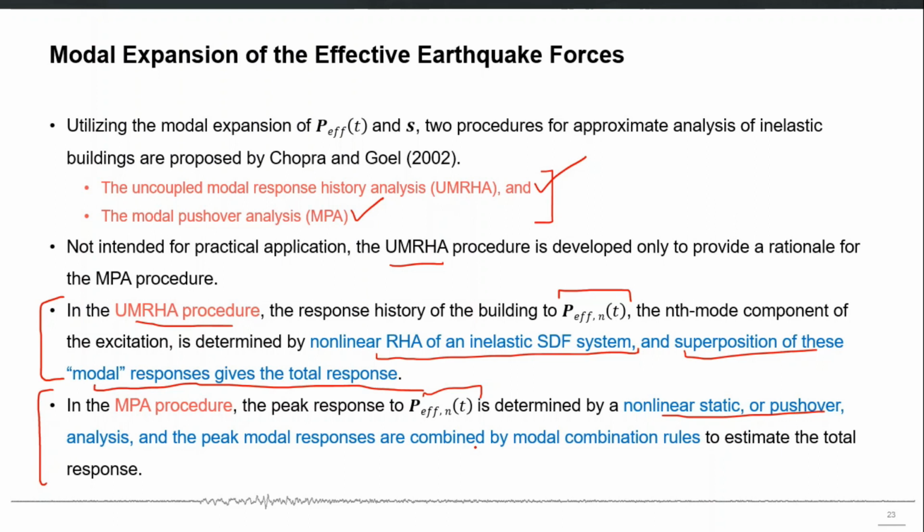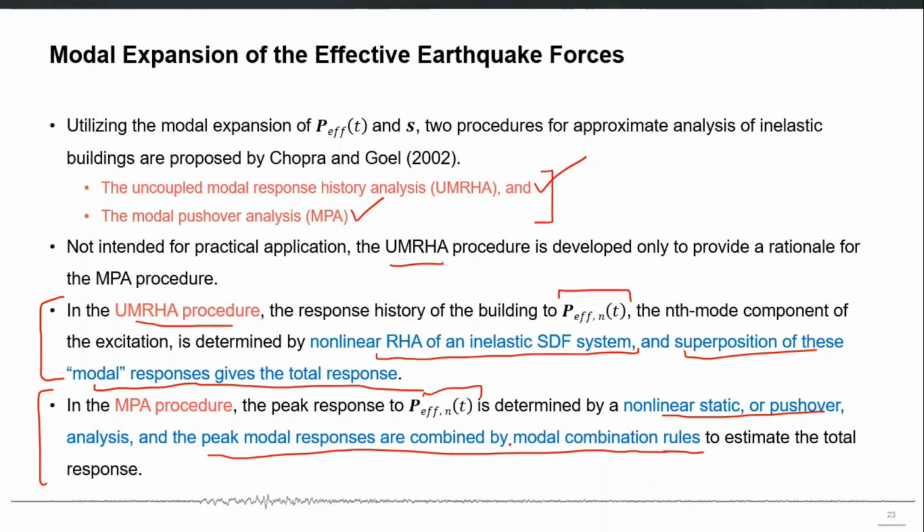We push that building and get the seismic response of that mode only, and we do it separately for enough number of modes, and then combine the peak responses obtained from the pushover analyses by any modal combination rule, just like the response spectrum analysis, SRSS, right?